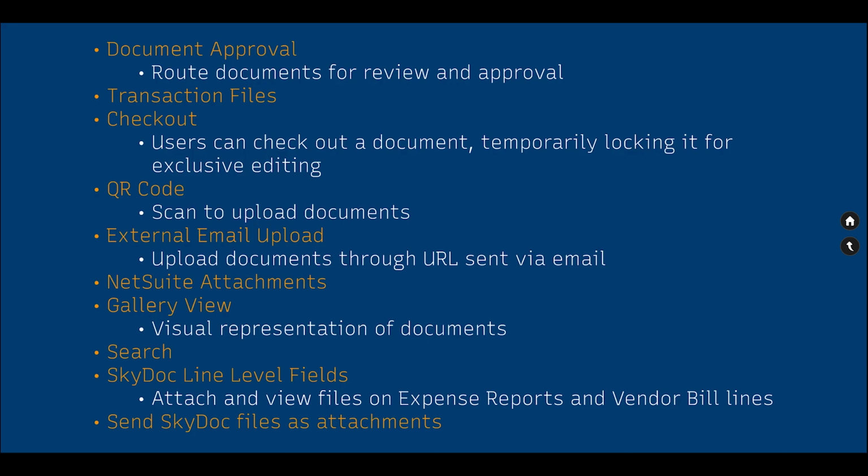Checkout. SkyDoc's checkout feature allows users to check out a document, temporarily locking it for exclusive editing. This prevents conflicts and ensures that only one user can modify the document at a time. SkyDoc also offers QR code generation for documents, allowing external users to scan the QR code on their mobile phone to quickly upload associated documents.